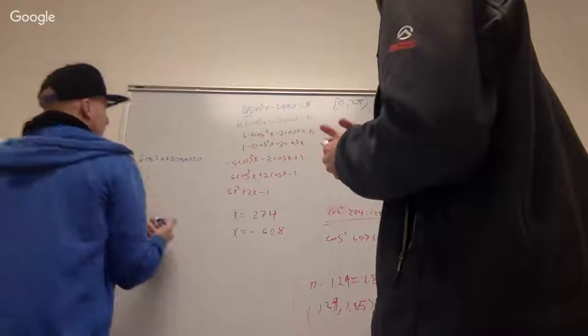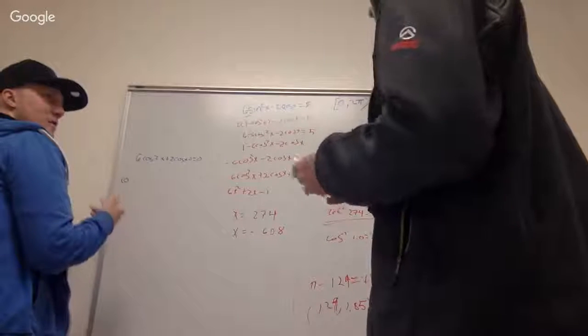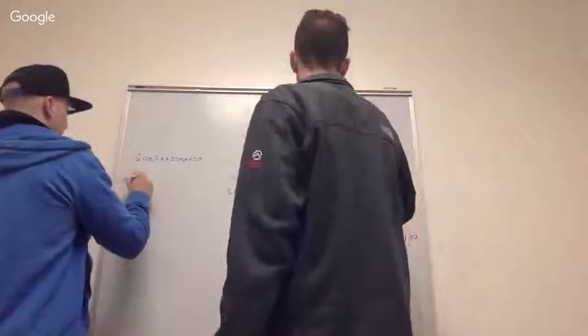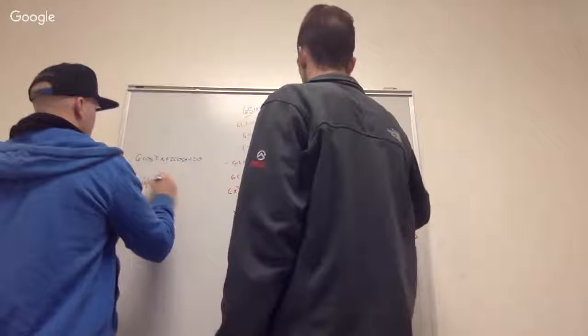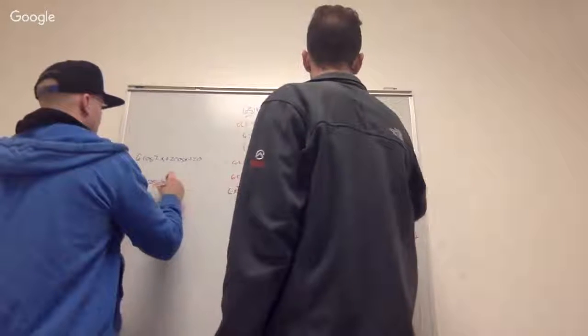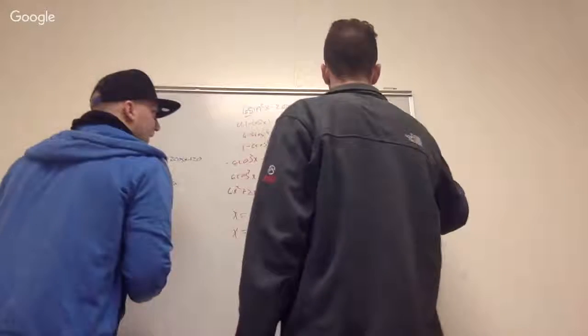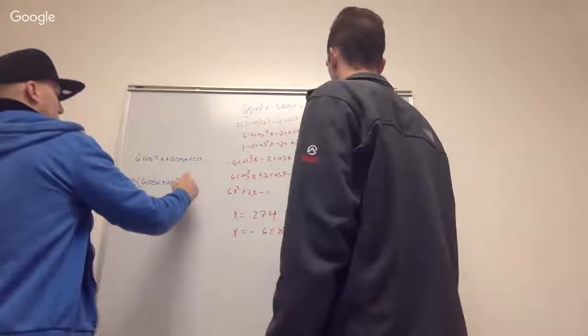We could have actually factored out 2 cosine. Or you would just leave it. It's just FOILing. So this guy's 6 cosine x plus cosine x, minus 1.